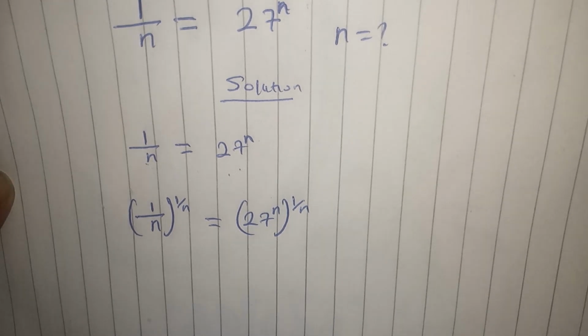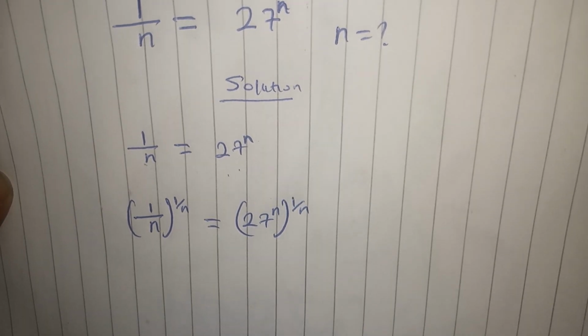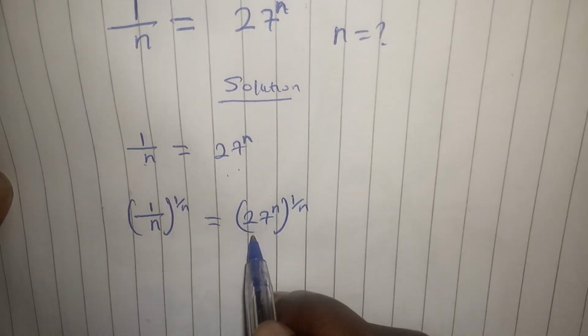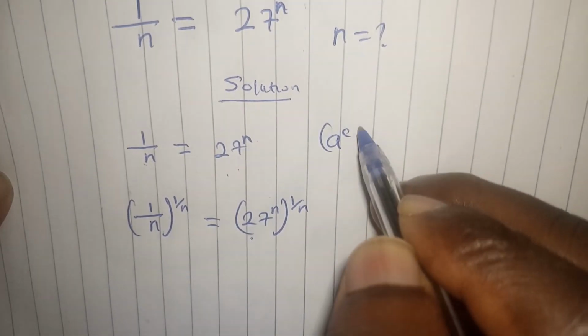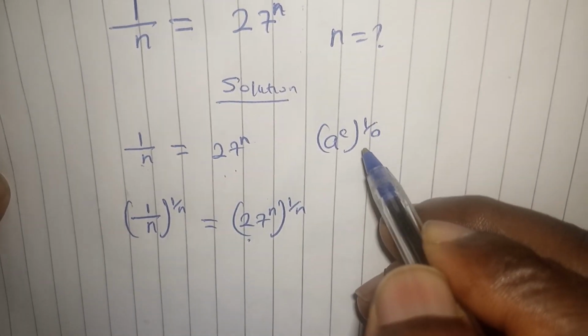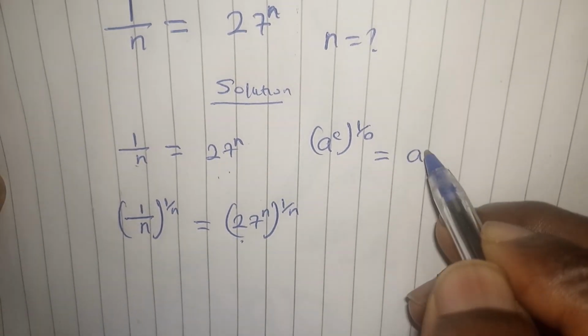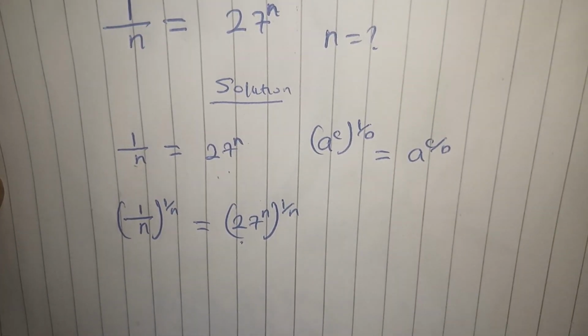Having done this, here I'm going to apply the basic indices rule, which says (a to the power of c) to the power of 1 over d is also equal to a to the power of c over d.